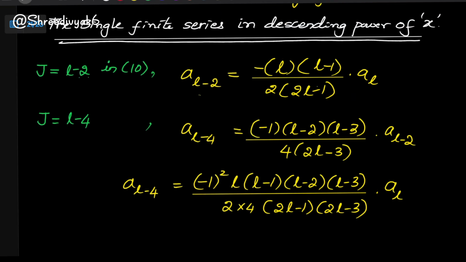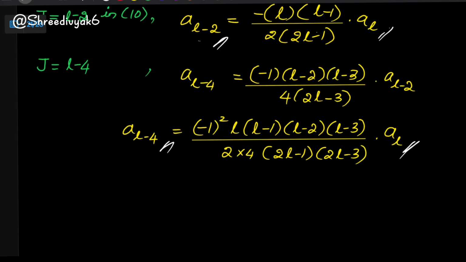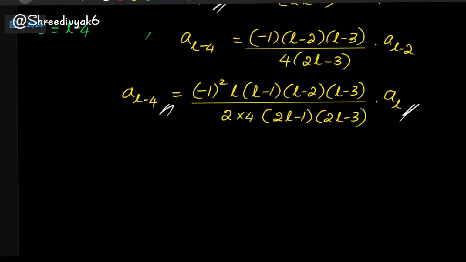Look at this. You are getting A L minus 2 in terms of A L, and A L minus 4 in terms of A L. Right? So A L is my arbitrary value. Now let me take another J value as L minus 6. So what will be my coefficient?